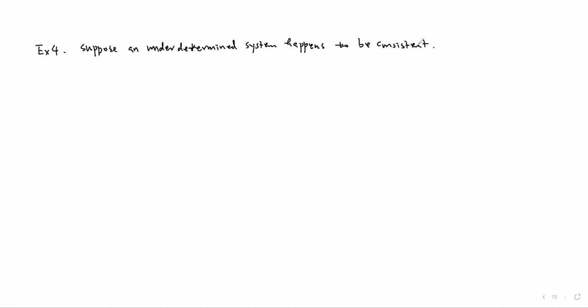An underdetermined system means the number of equations is less than the number of unknowns. Explain why there must be an infinite number of solutions.